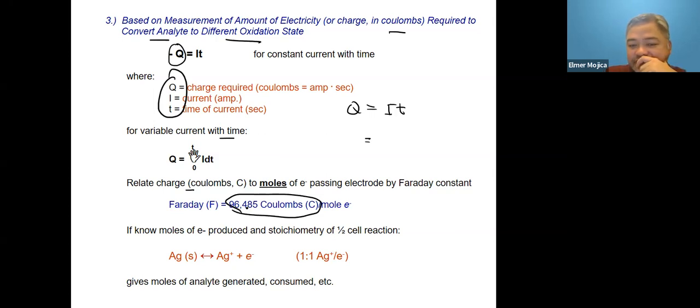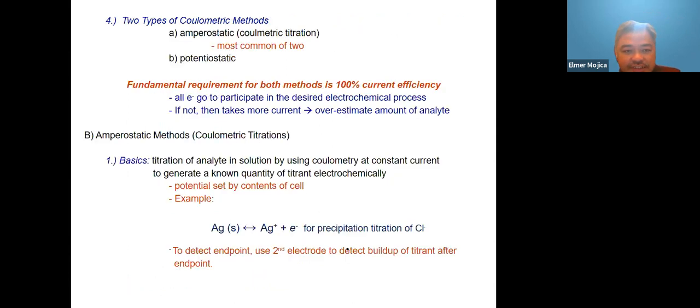Some books says 19,485, some books says 19,490, some books says 96,500, 96,500. So if you know the moles of the electrons that's produced, you can determine the stoichiometry of the half cell reaction. Okay, so it gives the number of moles of the analyte generated or consumed. So this is really an electrolytic method.